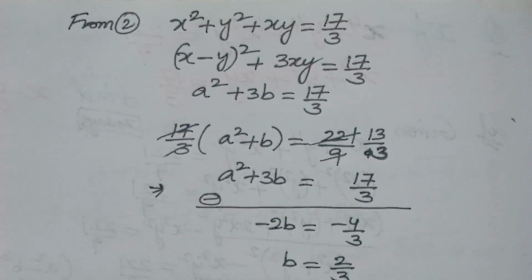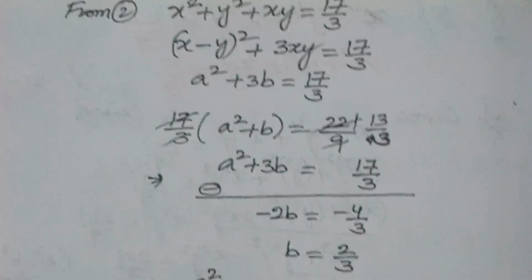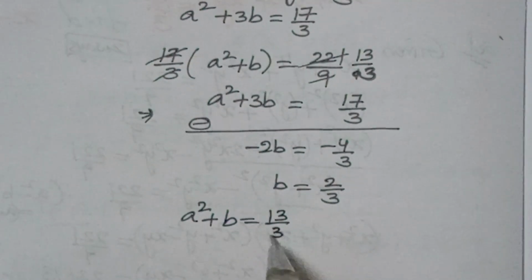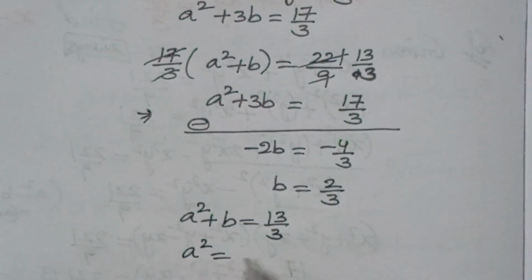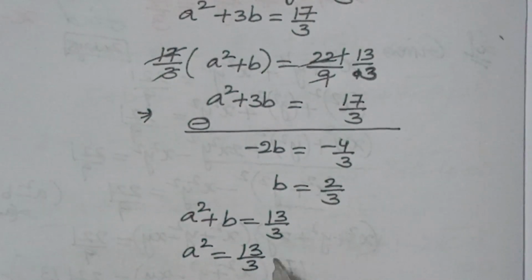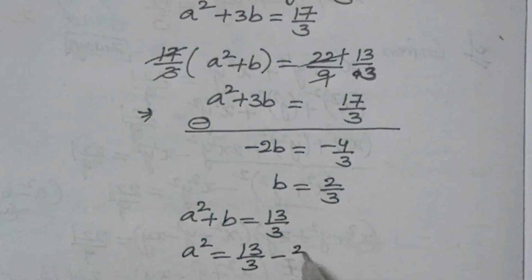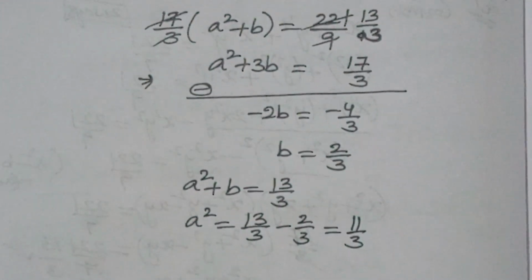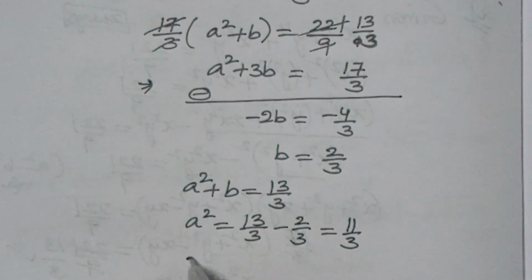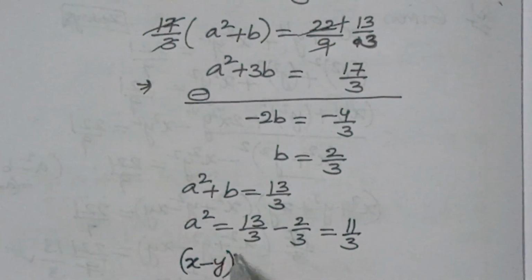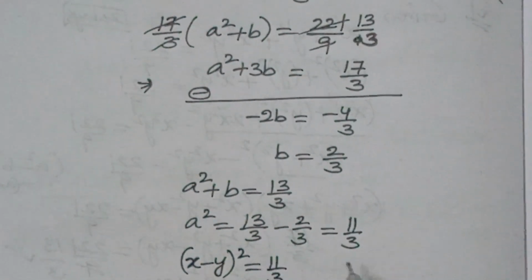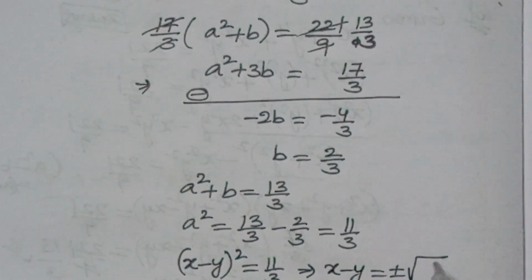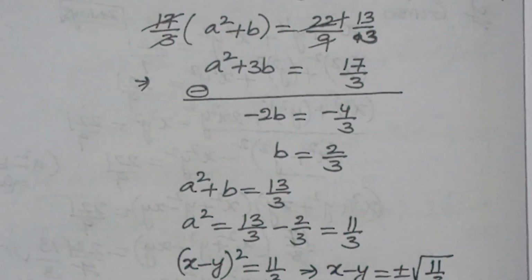Now a square plus b is equal to 13 by 3, so a square is equal to 13 by 3 minus 2 by 3, that is 11 by 3. So what is the a value? (x minus y) whole square is equal to 11 by 3. x minus y is equal to plus or minus root of 11 by 3.